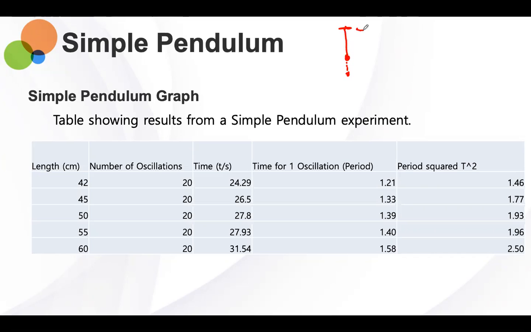It was originally at 42 centimeters, and she increased it to 45, then to 50, to 55, to 60. And she wanted to see how long it would take to complete one oscillation.